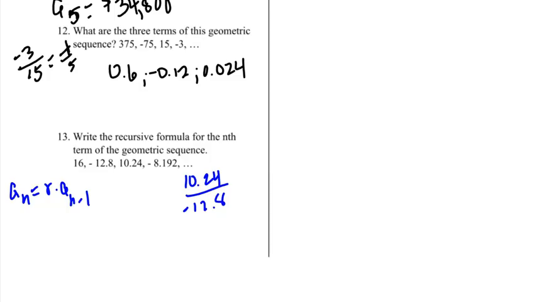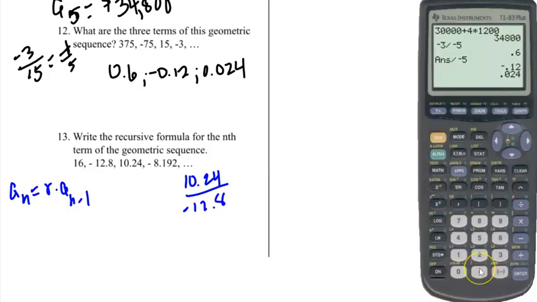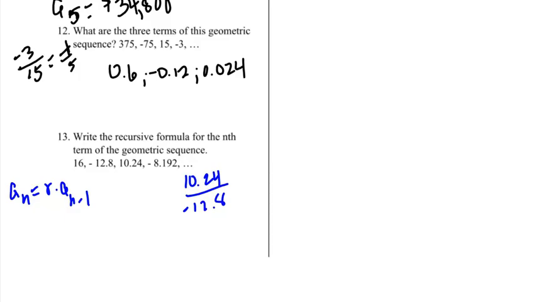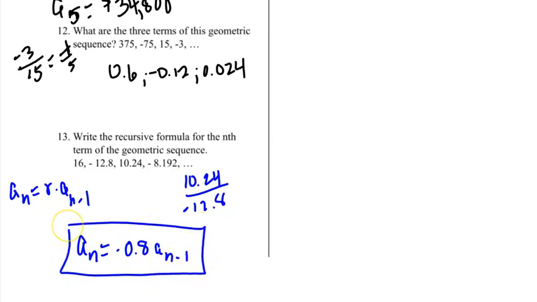So on my calculator, we have 10.24 divided by -12.8, and that gives us a -0.8. So that means we would have a subscript n equals -0.8 times a subscript n minus 1. And this would be our recursive formula.